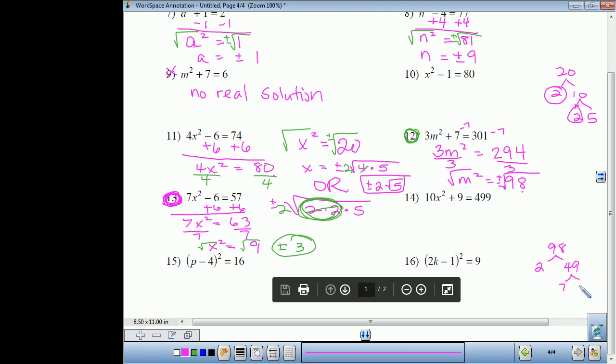But you could break this down to 7 and 7. So if we thought about it like the tree, we're going to do 2 times 7 times 7. So we have 2 7s, so it can come out. So we get plus or minus 7 roots of 2. I just kind of skipped that little step right there. That's fine.